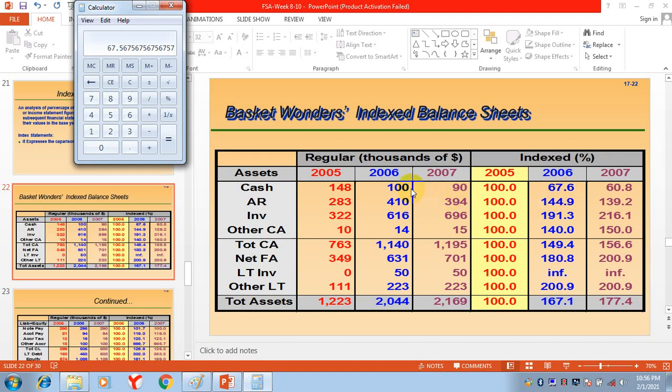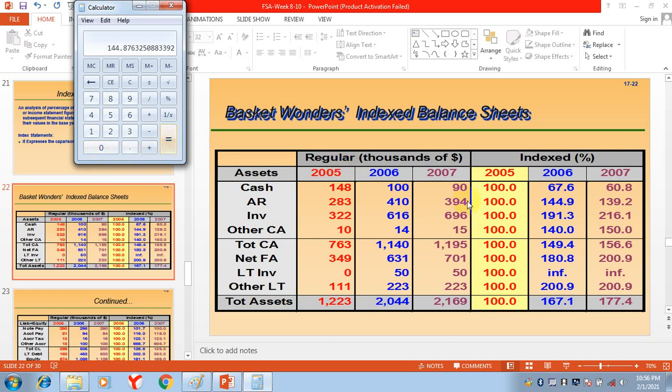Same is the case of this: 410 divided by 283, multiplied by 100.